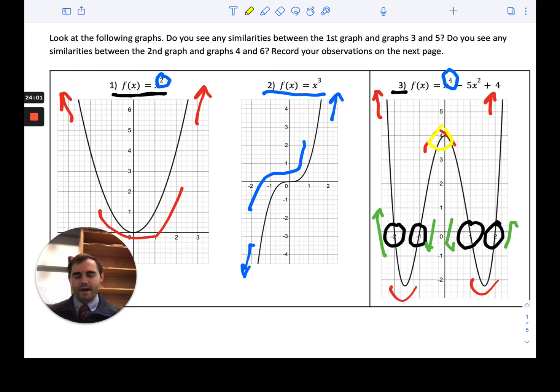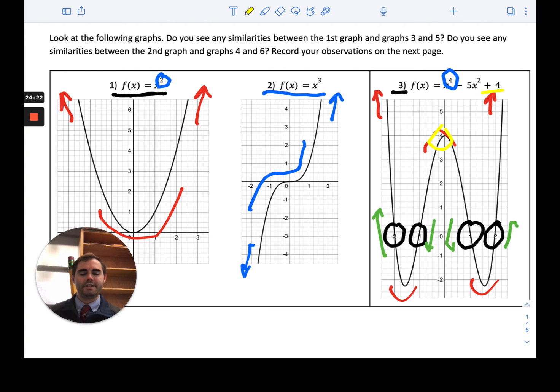Let's see how that 4 relates to our equation up above. Do we see 4 anywhere in our equation? Well, in this graph number 3 we have a 4 as our degree, but we also have this 4 off to the right side, this plus 4 here.